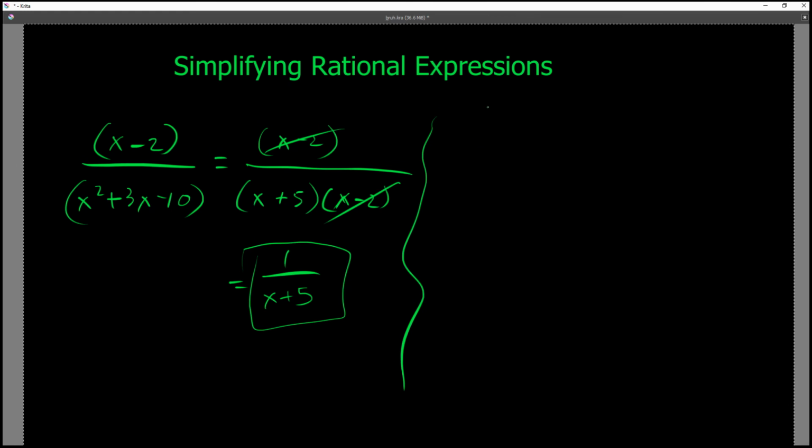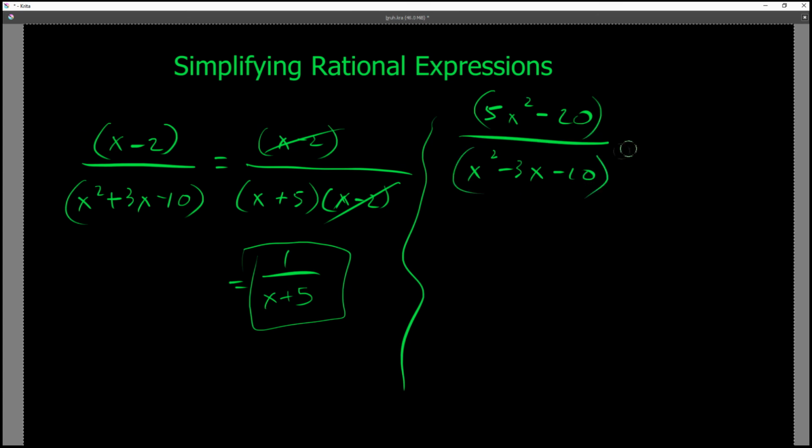I have (5x squared - 20) over (x squared - 3x - 10). Again, there's a subtraction, parentheses around that. All right, so here I'm going to factor out the 5, and I have x squared minus 4.